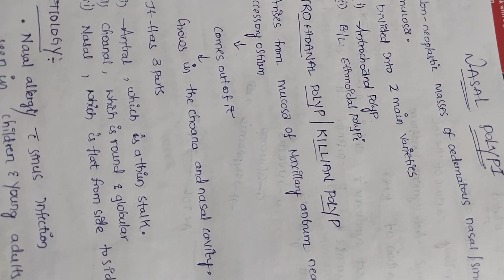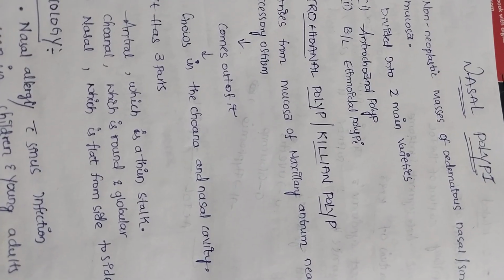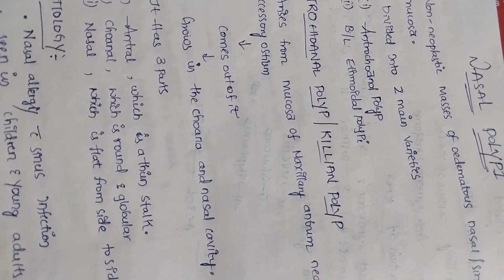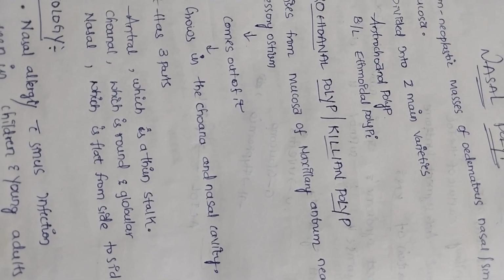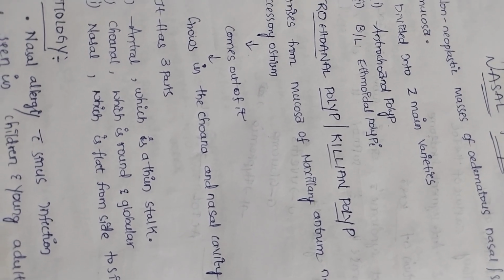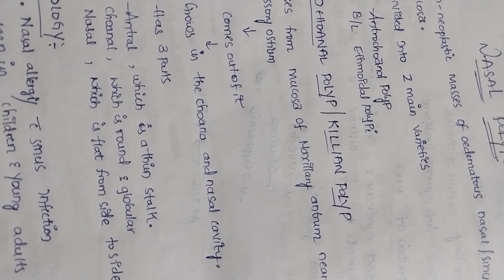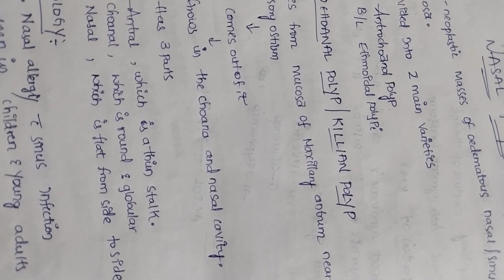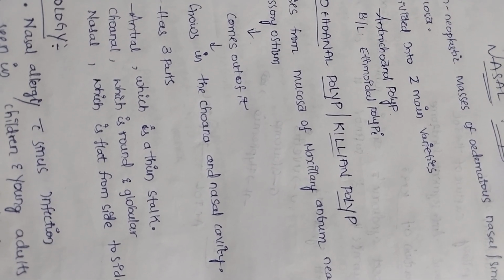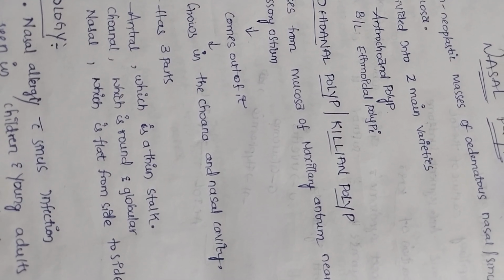So first you need to have an idea of the lateral wall of the nose and the sinuses present. In the lateral wall of the nose we have the superior turbinate, superior meatus, middle turbinate, middle meatus, inferior turbinate and inferior meatus.